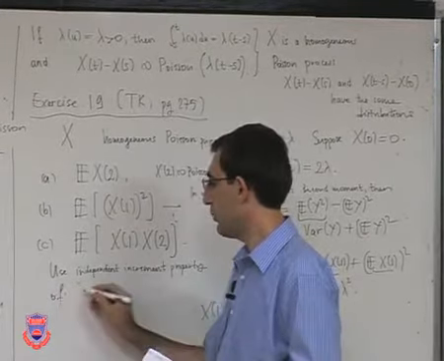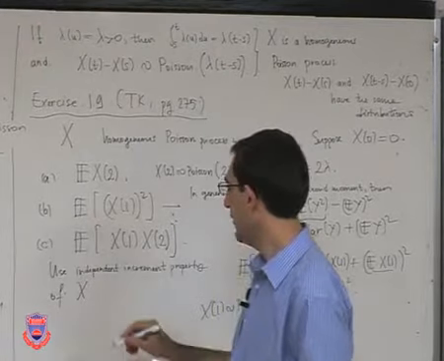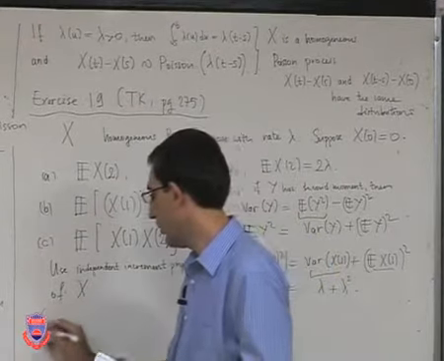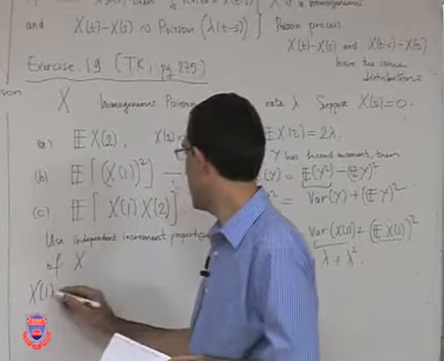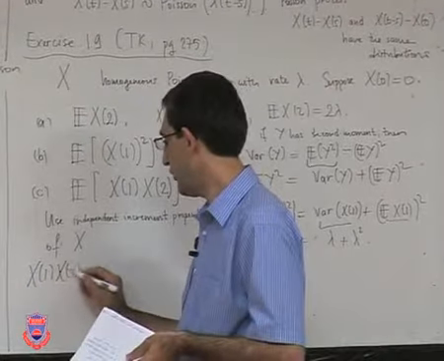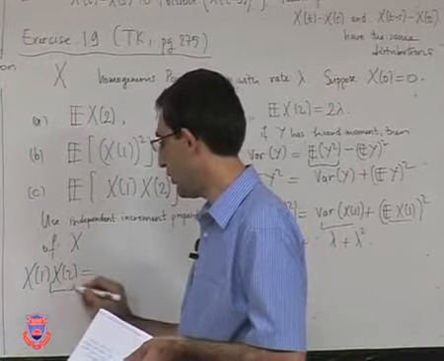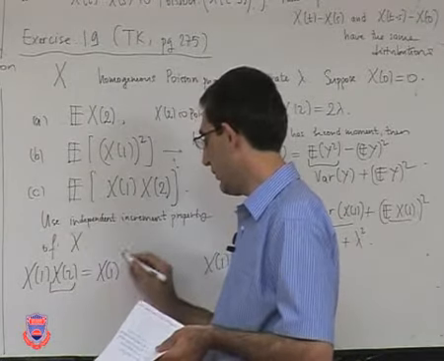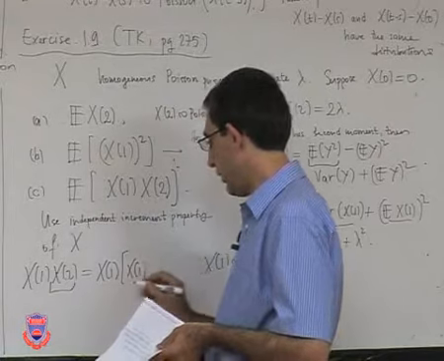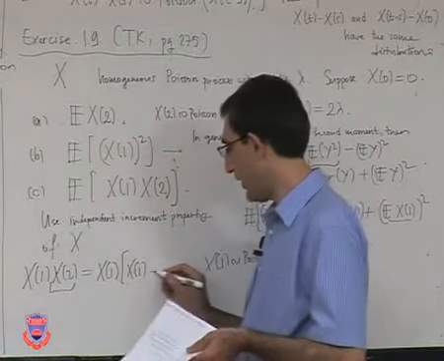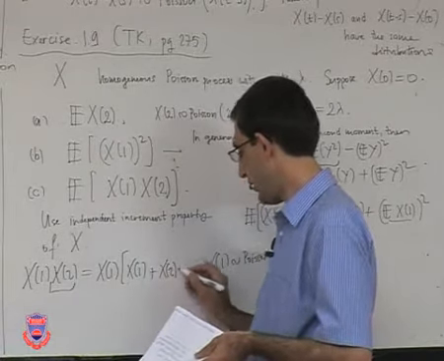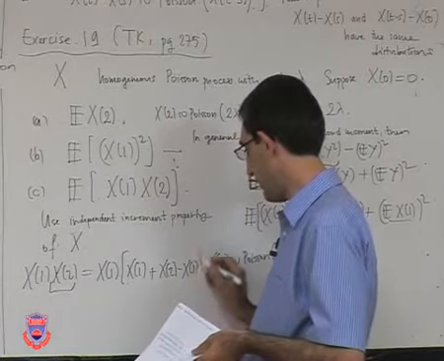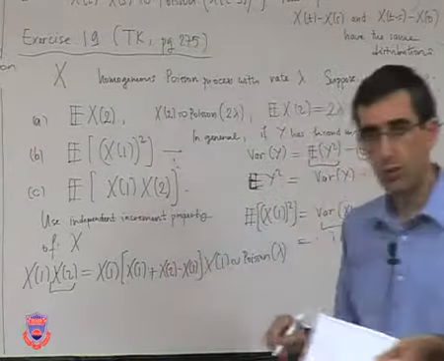But then we can again use the stationary independent increments property of our Poisson process X to write the product first of all as what? So x2 consists of two parts: the number of arrivals until time 1, and then the number of additional arrivals from time 1 to time 2.